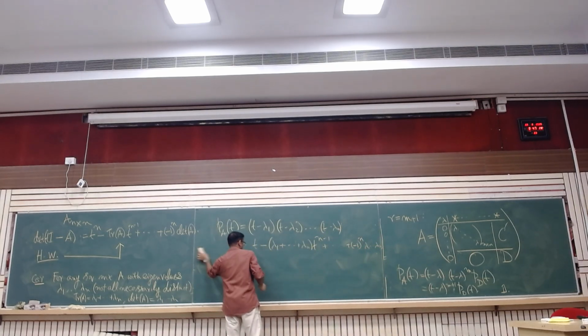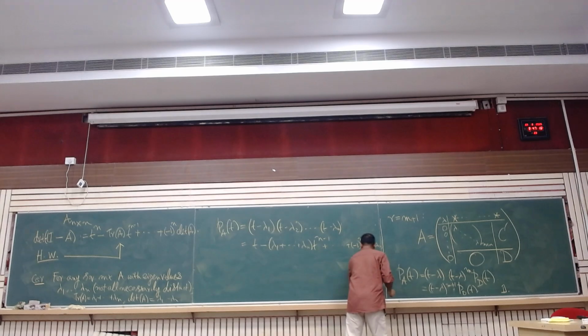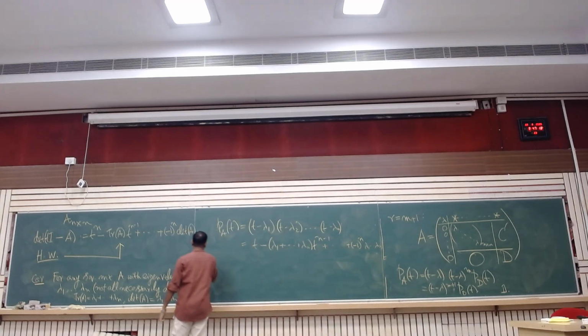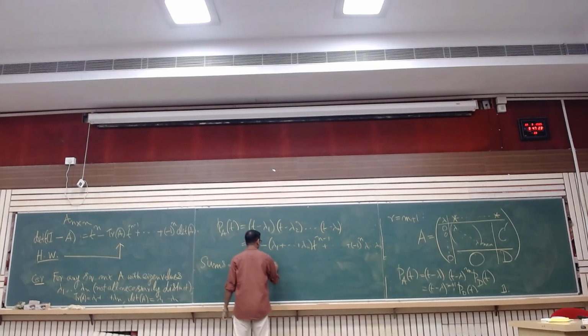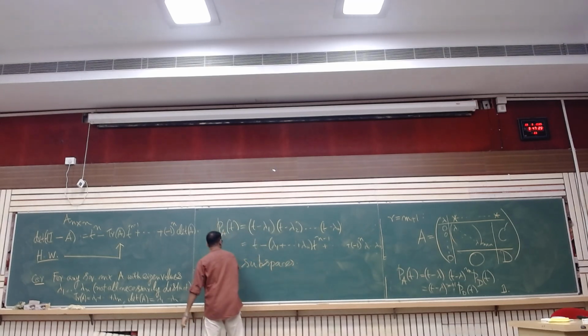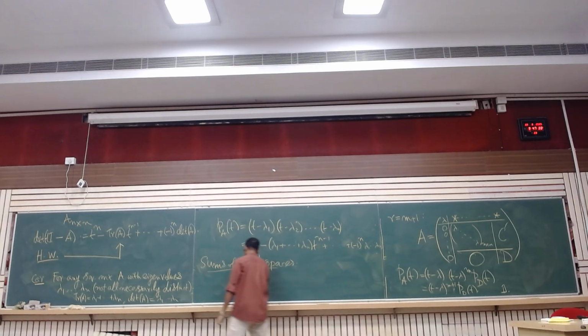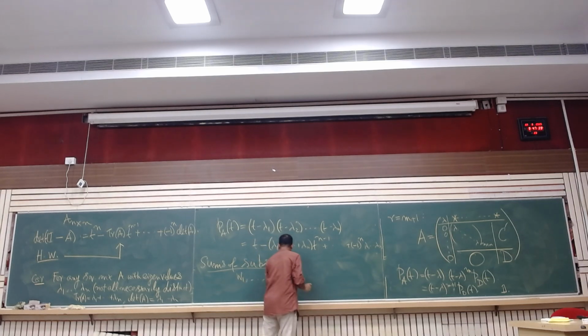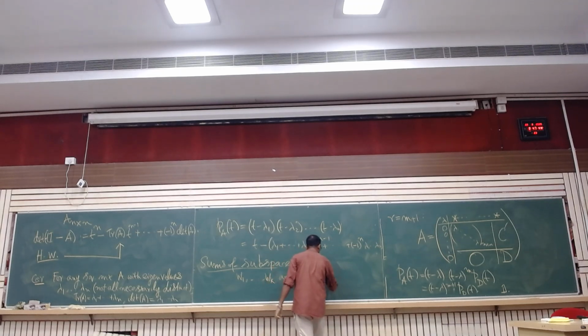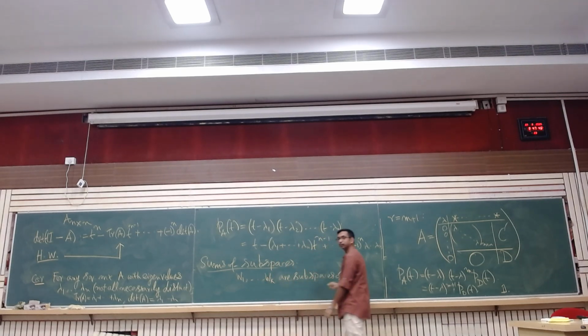Okay, now a small detour about sums of subspaces. So suppose W1 dot dot dot Wk be subspaces of a vector space V. Okay.